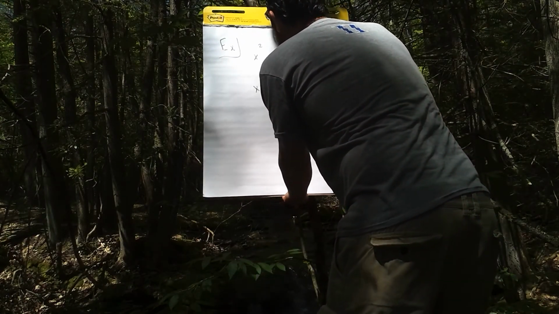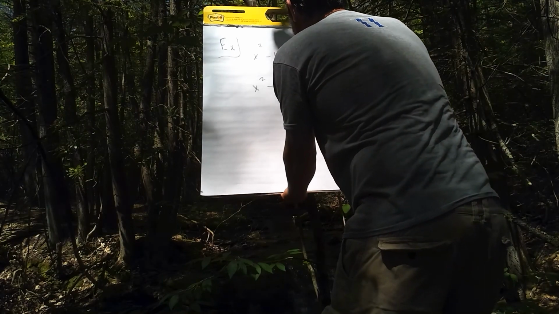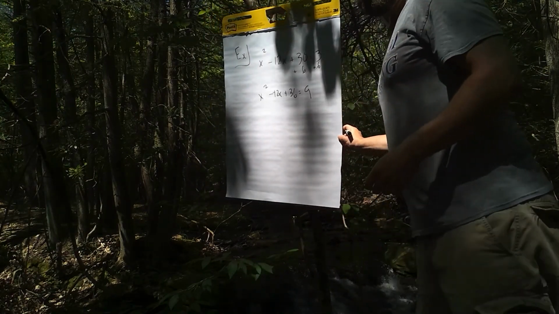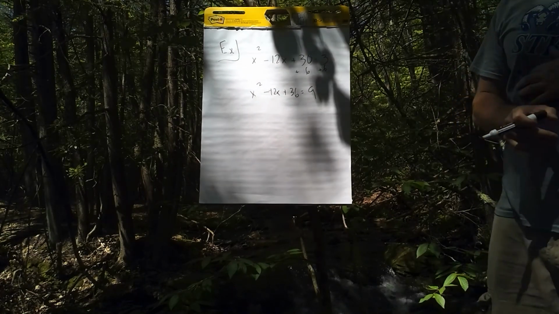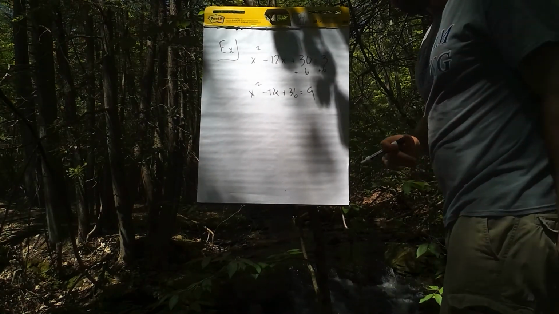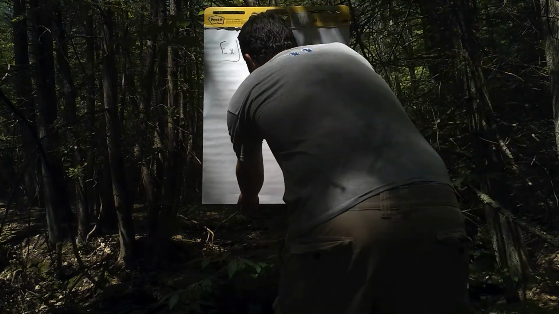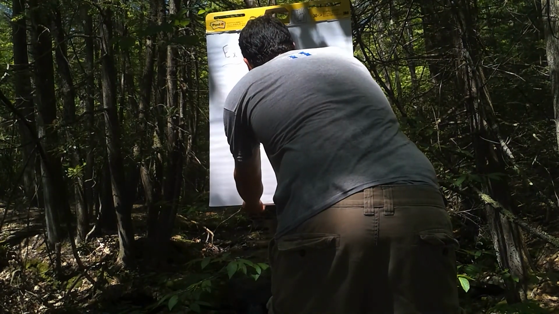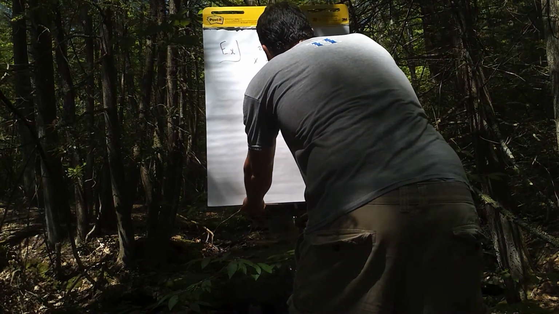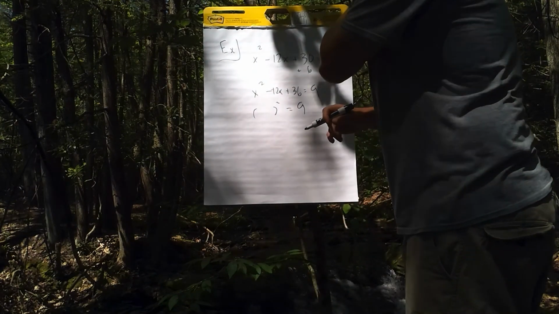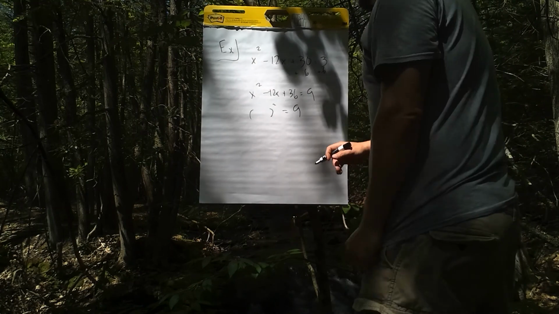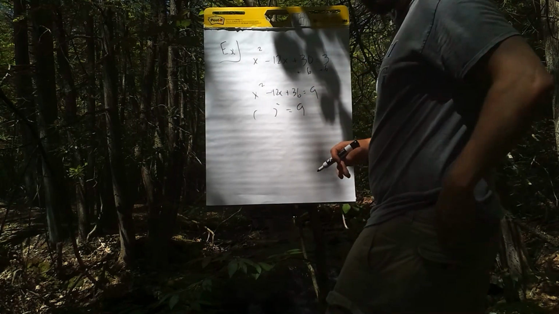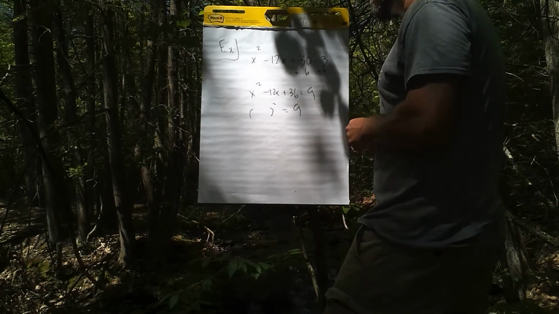That's x squared minus 12x plus 36 equals 9. All right, now we have a perfect square trinomial on the left. Now we're going to factor it into something squared. You could actually factor this using our normal factoring skills.